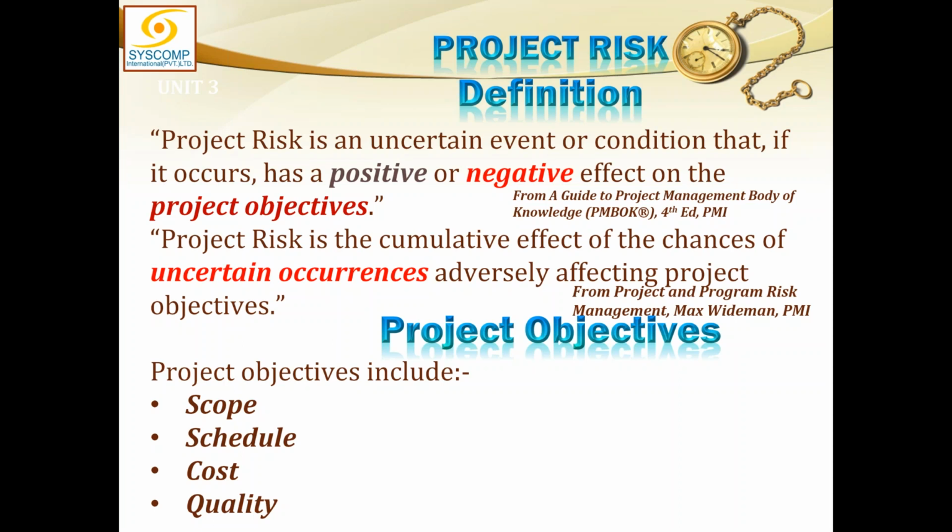Again, I would like to clarify that these are called project objectives, and they are no longer called the triple constraint or iron triangle. These are obsolete terms because PMI has established that there are more than three constraints. So if constraints are more, then this is not the right definition.